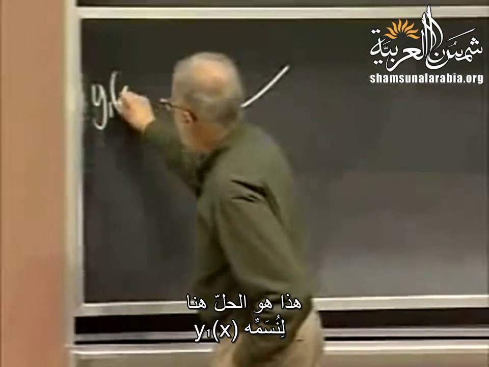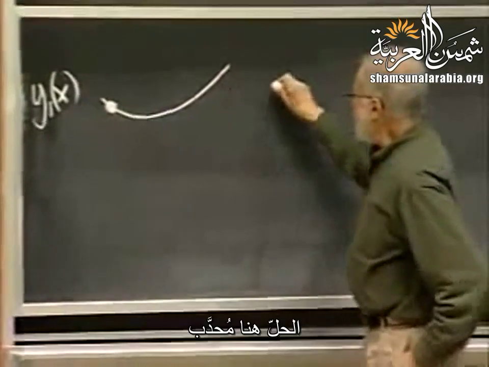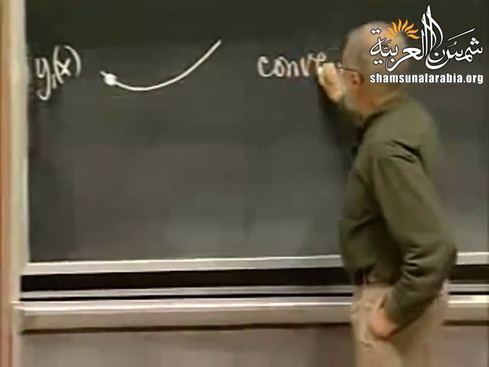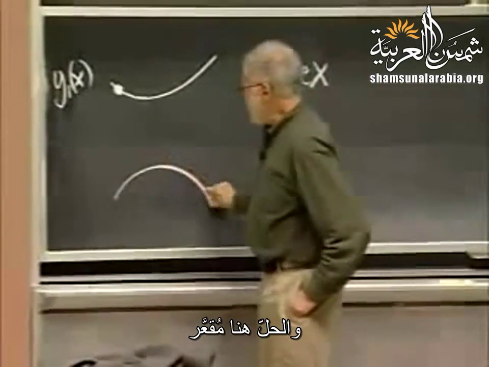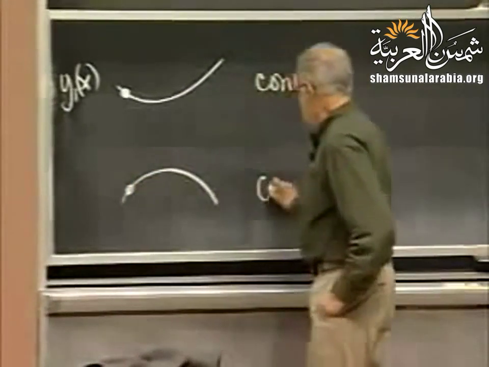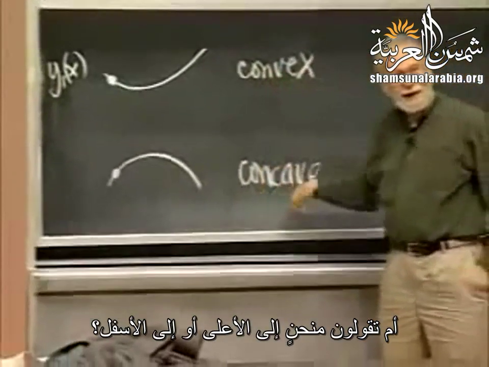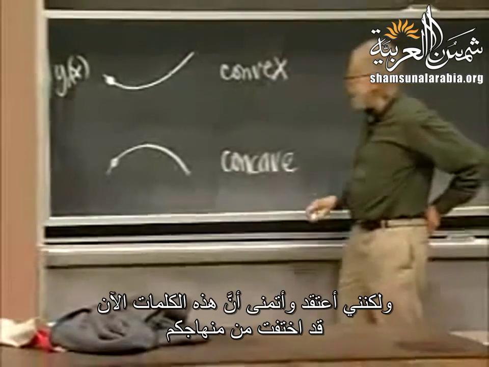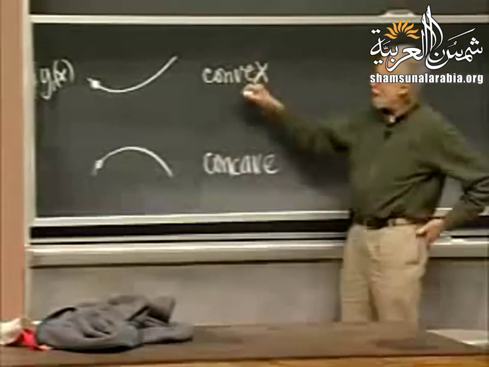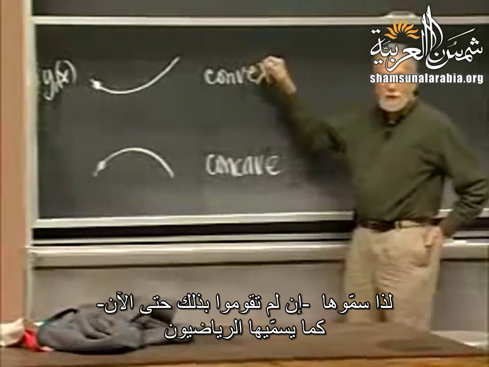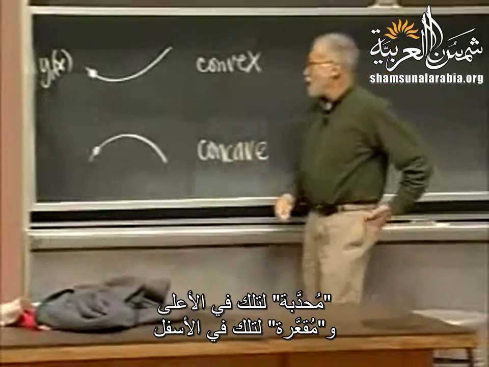Let's call it y1 of x, and let's say here was the starting point. Here the solution is convex, and here the solution is concave. Right? Concave up, concave down, if you learned those words. I think those have by now pretty well disappeared from the curriculum. Call it, if you haven't up till now, what mathematicians call it. Convex is that, and the other one is concave.